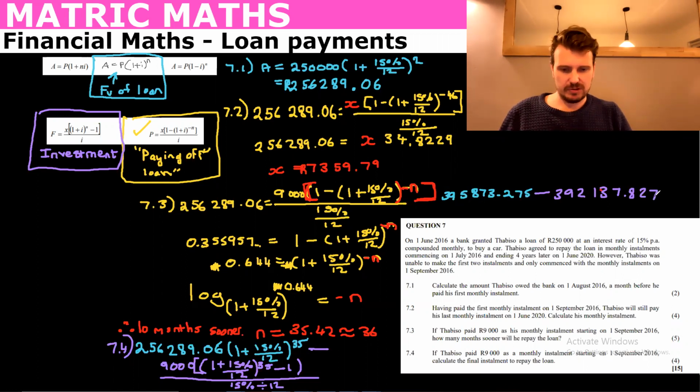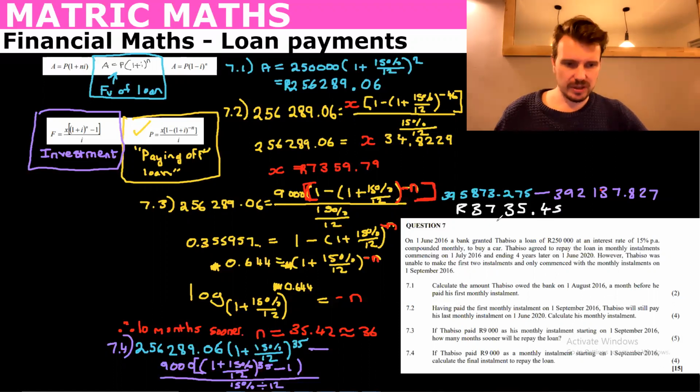Now I can subtract that from the 395,873.275, and I get, I think the same thing that we got earlier, which was, let's put this in white. Final answer is 3735.45.